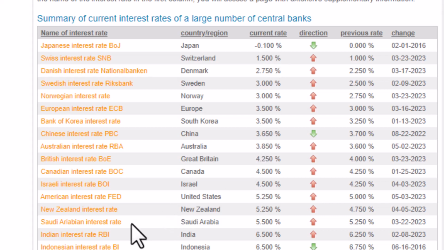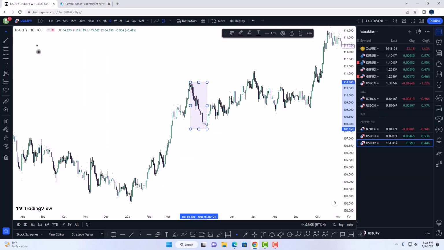If you look at the American interest rate, you will see that it is 5.25 percent. If you take this currency with the highest rate and compare it against the Japanese yen, you are going to have a trend direction, because here the US dollar is very strong in front of the Japanese yen, meaning this chart, overall, is bullish.